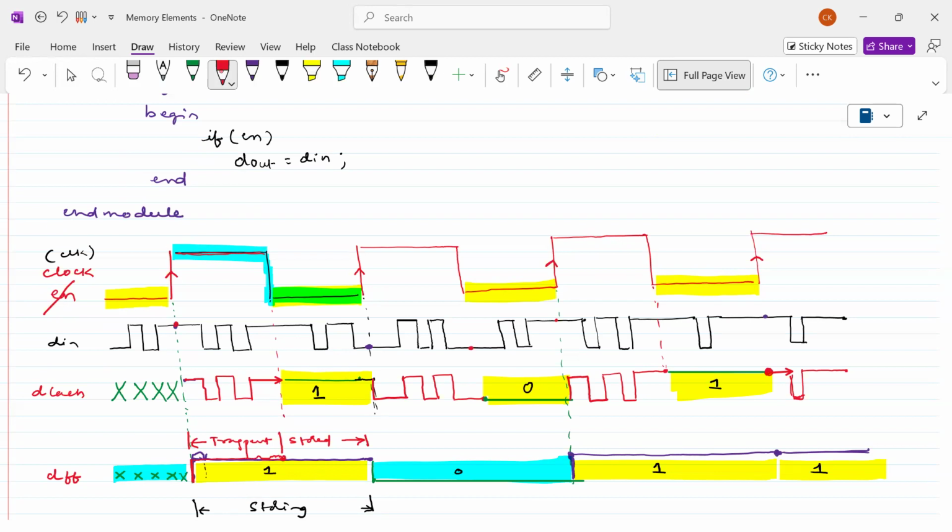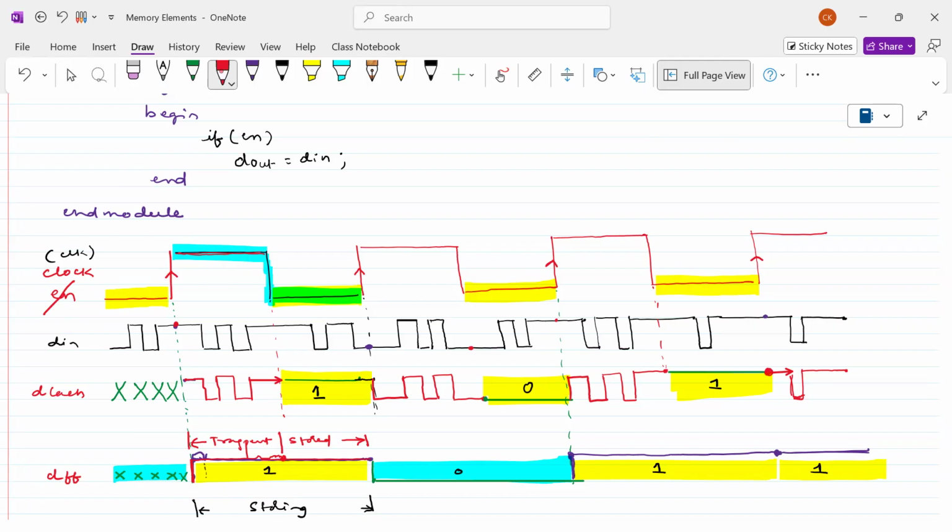Now we can see there is a change, but what change? This is a negative change, but what we expect is a positive change. Therefore, it cannot enter into the always block, and it remains in this particular value.